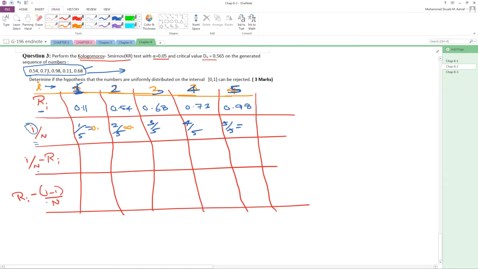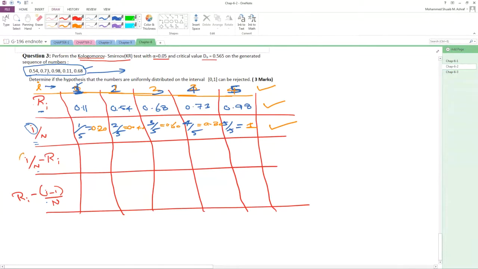It is 0.20, then 0.40, then 0.60, then 0.80, and this is 1. Okay, so like this. Okay students, do you understand this, this, this, this?